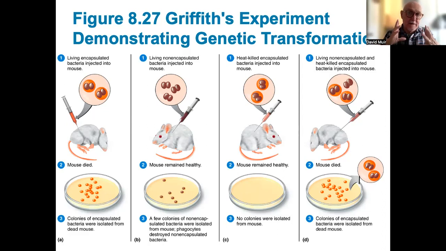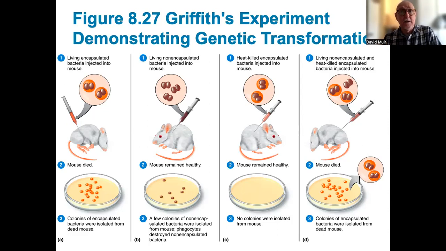Although they replicate by binary fission, there are ways that bacteria can accumulate DNA from other bacteria. And very often that DNA that they get from other bacteria contains very useful information for them.